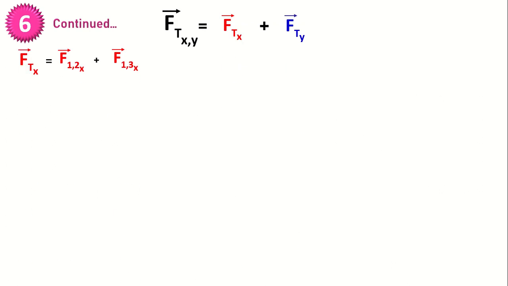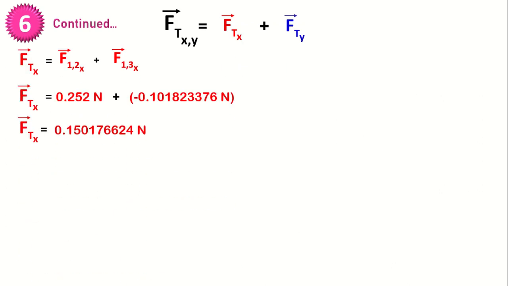Alright, so now to find the total force, we just plug in the x and y components that we calculated from the previous part of the problem. So we add up the x components of the force, 0.252 newtons plus negative 0.1018233376 newtons, to yield the value 0.150176624 newtons.